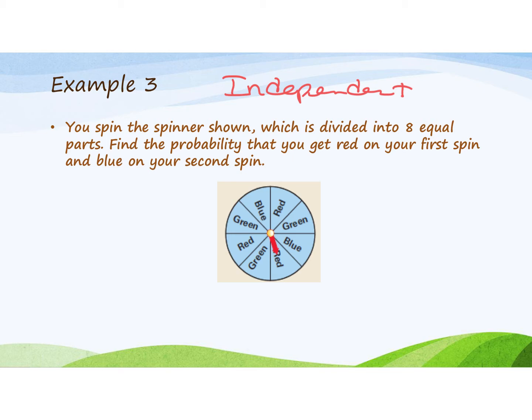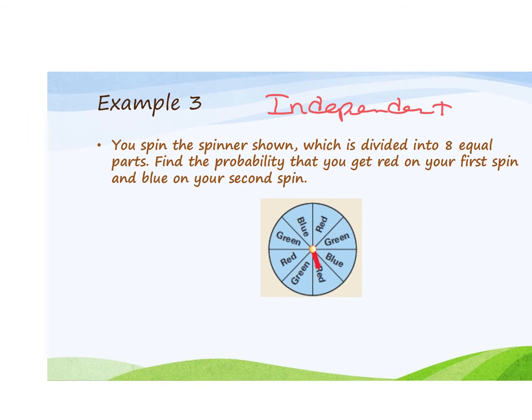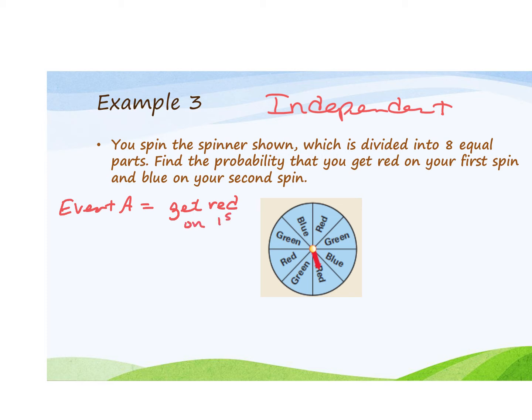So what we're going to do is classify what happens on each spin. Event A is going to be, we're going to get red on the first spin. Event B is getting blue on the second spin.